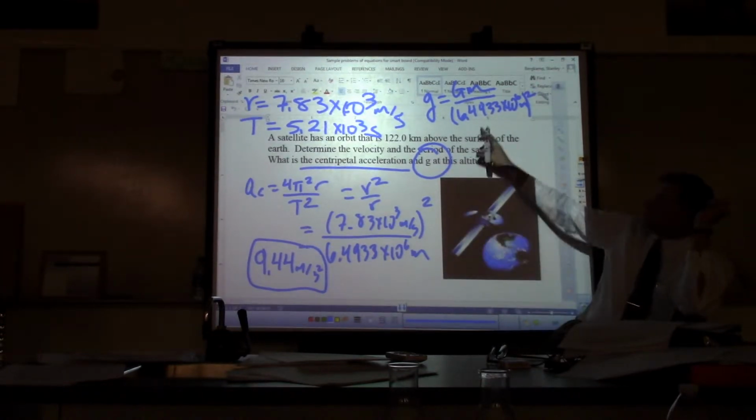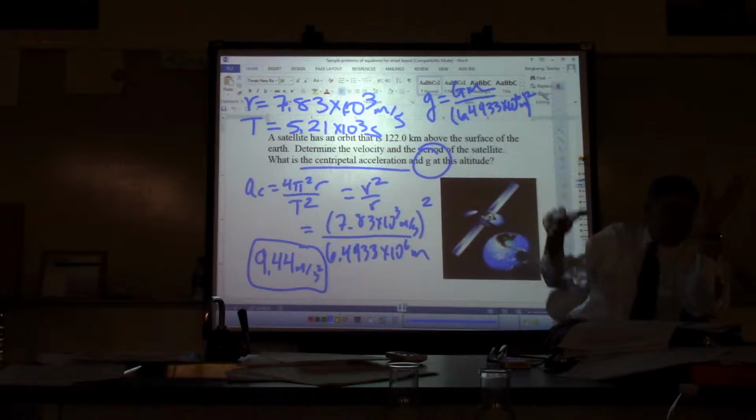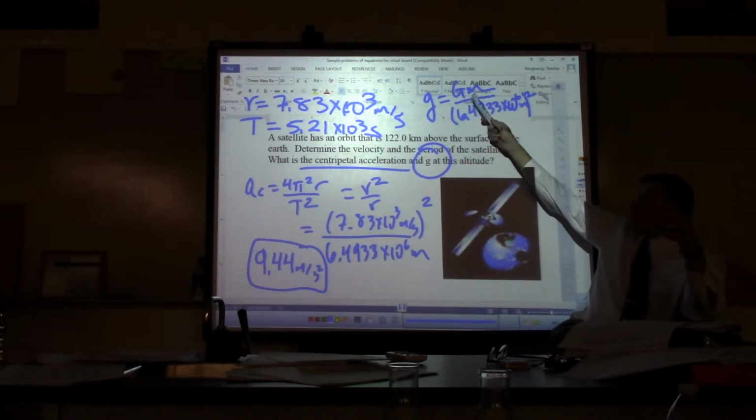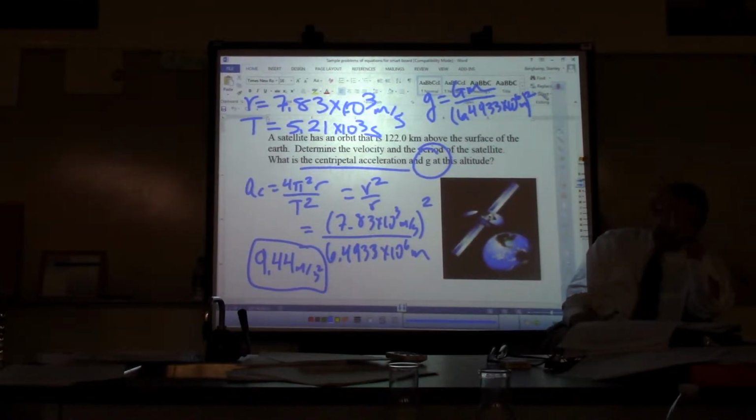This is why I said you multiply big G by the mass of the Earth. If you want to store that as a separate number, that's the most common calculation, big G times the mass of the Earth. So what'd you get? Let me know.